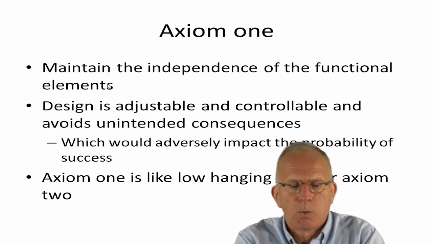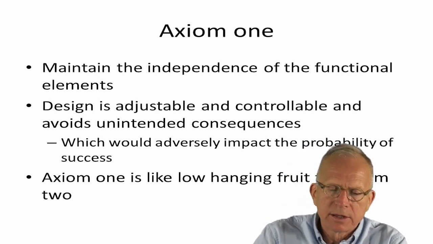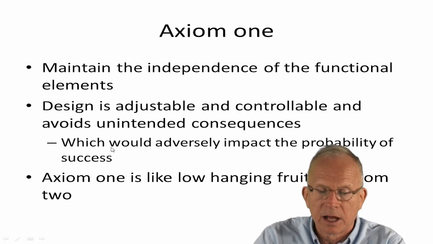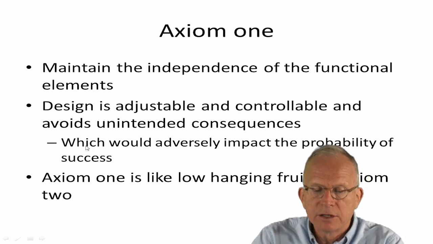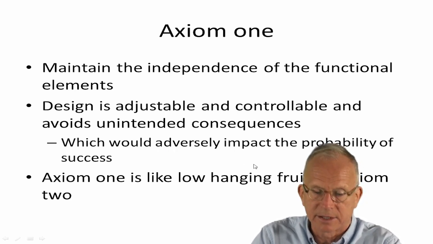So axiom 1 is maintaining independence of the functional elements. And so we want the design to be adjustable and controllable and to avoid unintended consequences. Lack of adjustability, controllability, and unintended consequences would all adversely impact the probability of success.